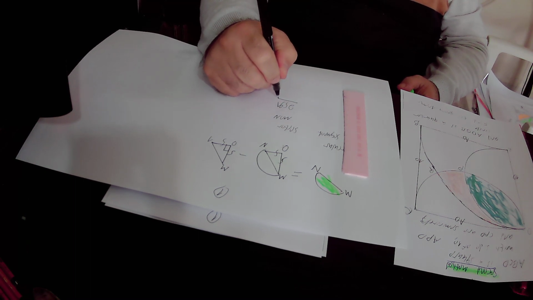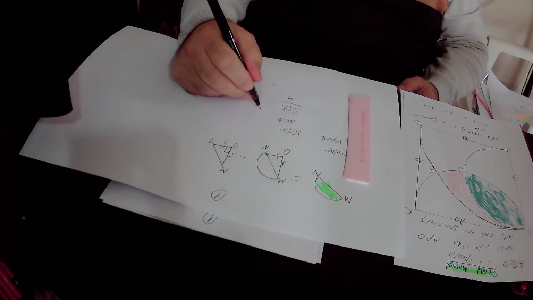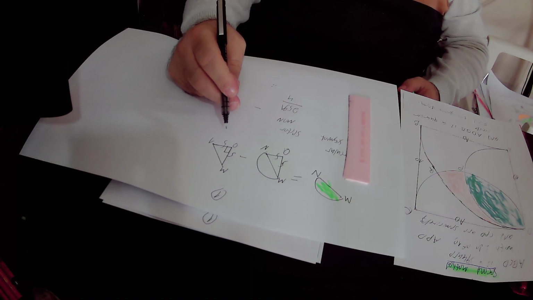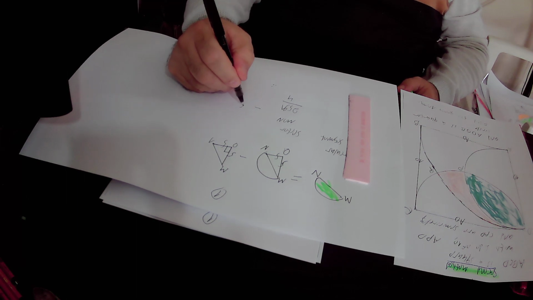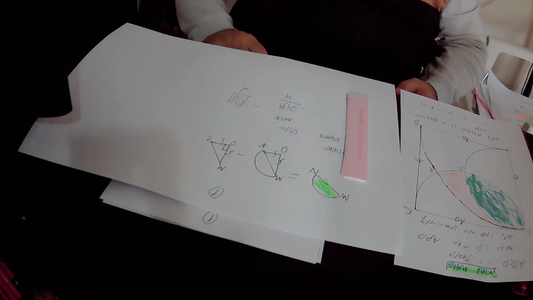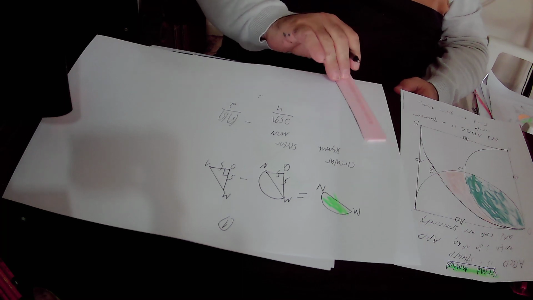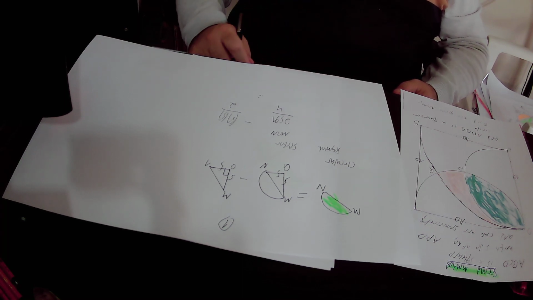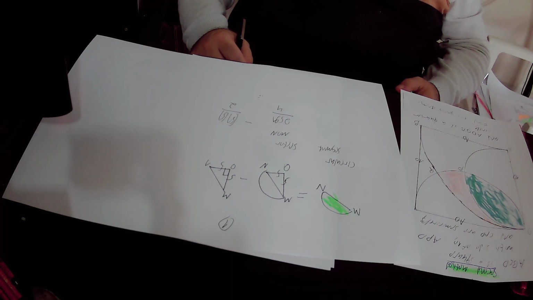So it is 25 pi over 4 minus the area of this triangle, which equals 5 times 5 over 2. Okay, so in conclusion, the area of the upper circular segment of the blue lens equals 25 pi over 4 minus 5 times 5 over 2.